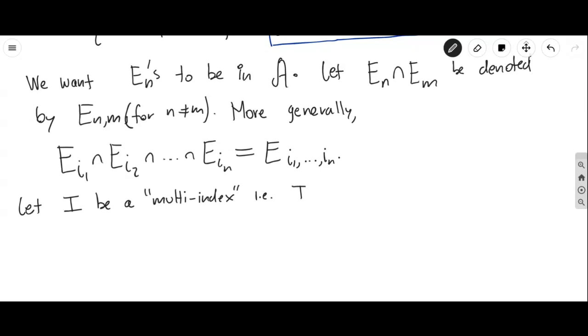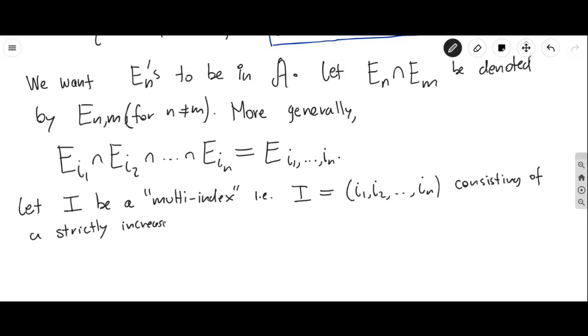In other words, I is a collection of positive integers consisting of a strictly increasing sequence of positive integers.